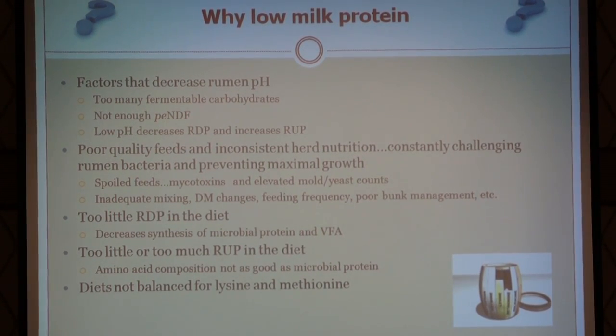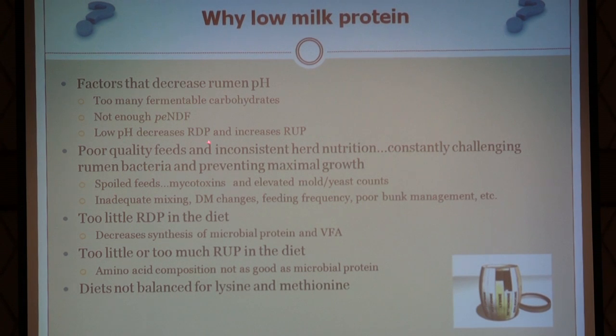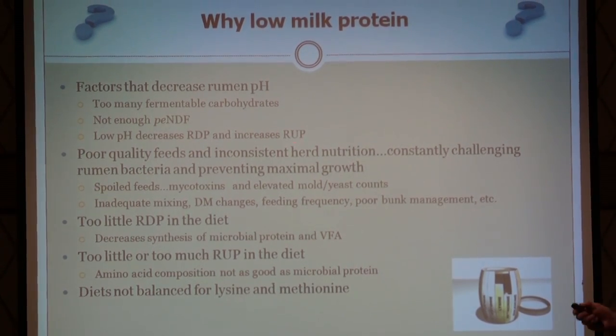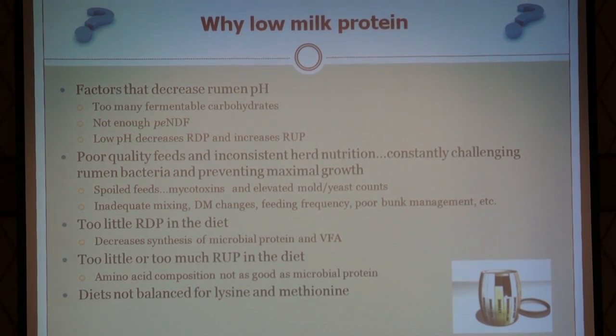So you could, as a result, end up with an RDP deficiency, which now further strangles the rumen, because remember, they need that nitrogen, they need that ammonia and amino acids and peptides. And you've increased RUP. Well, if you decrease microbial protein synthesis and increase RUP, as I'm going to talk about here in just a little bit, you understand why that's going to decrease milk protein.